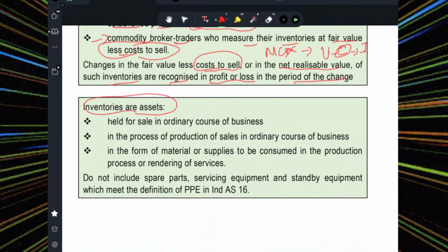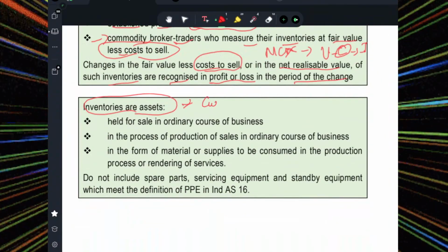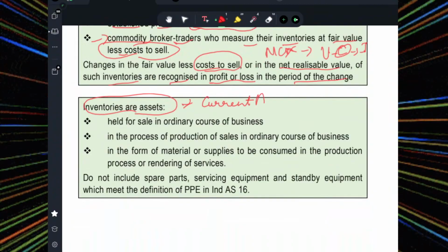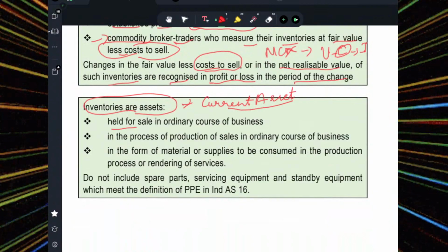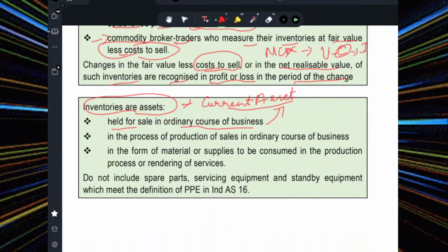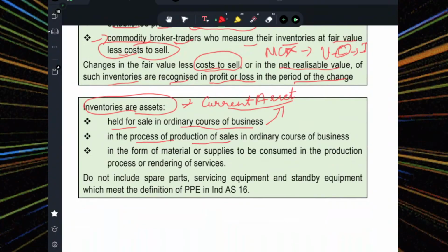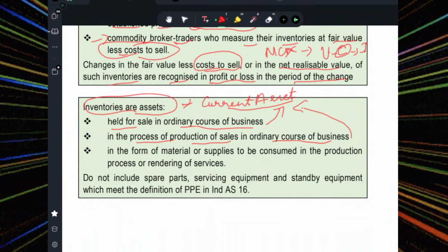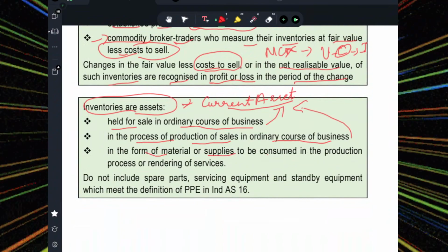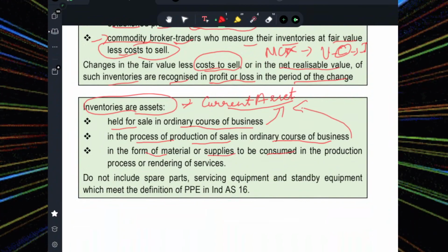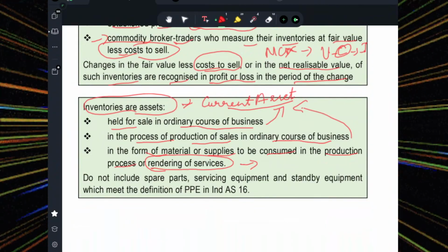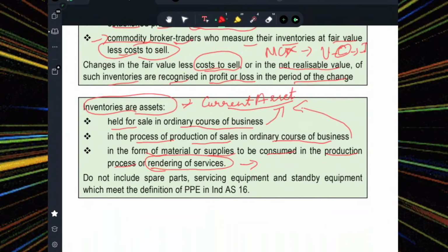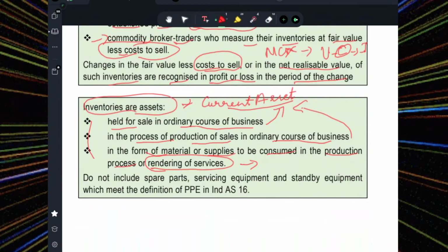Inventories are assets, usually current assets, held for sale in the ordinary course of business, in the process of production for such sale, or in the form of materials or supplies to be consumed in the production process or in the rendering of services. If I am going to render some service or produce something, this is the inventory.